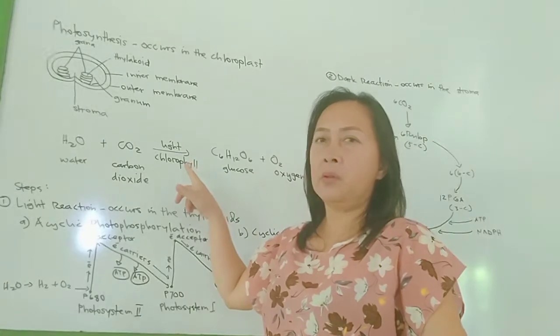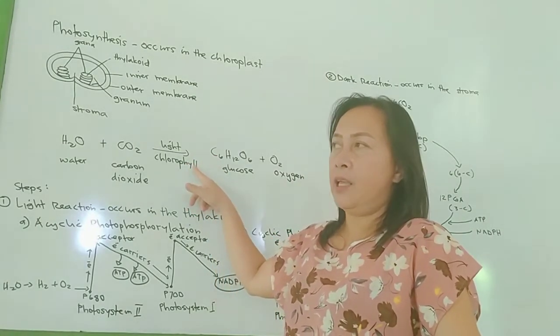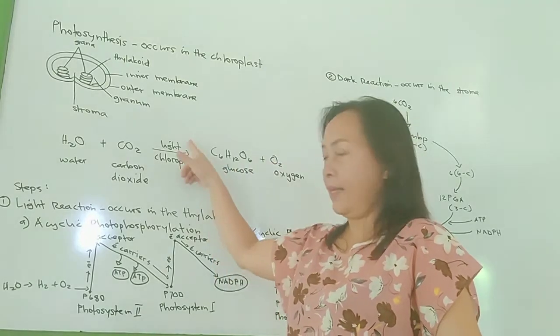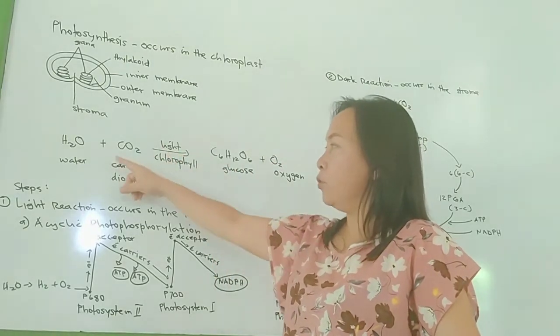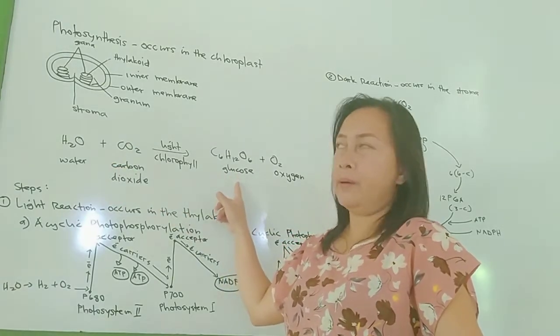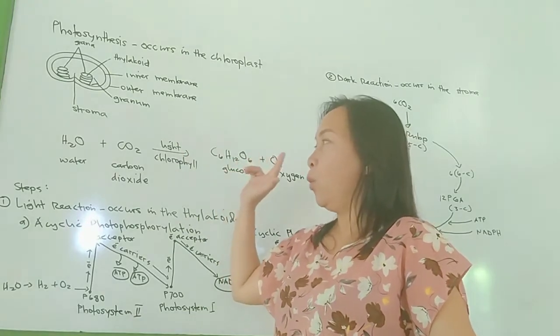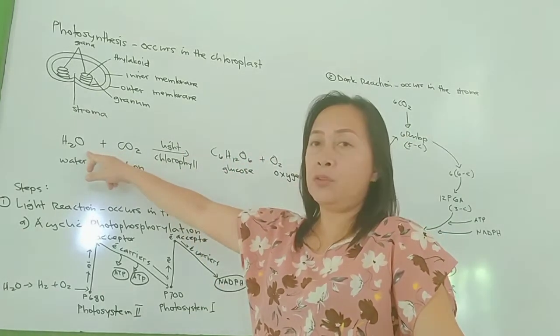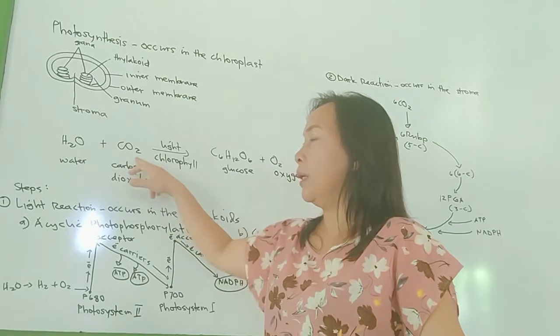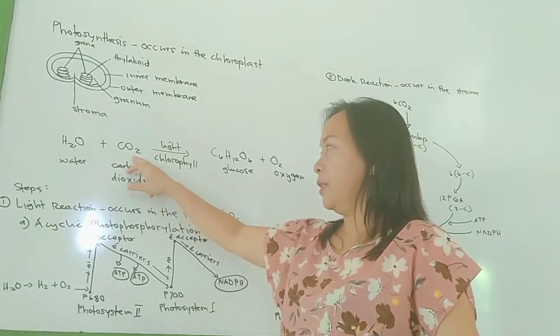Now what is then the role of this chlorophyll? This green pigment chlorophyll is the one that would trap the light so that there would be synthesis of sugar out of light. Of course, with the aid of these important raw materials, water, and carbon dioxide.